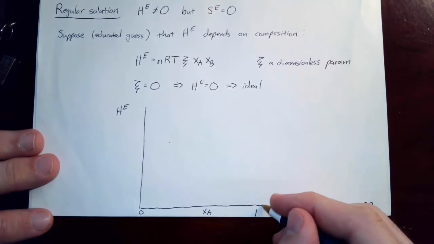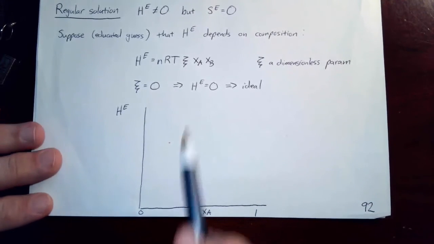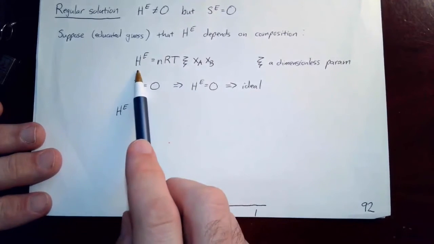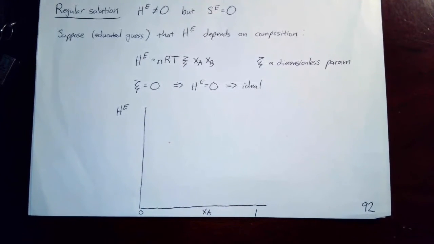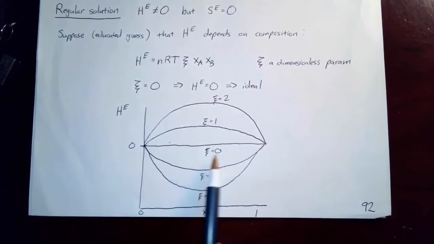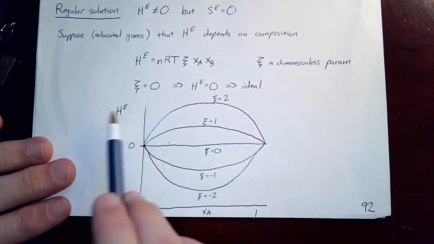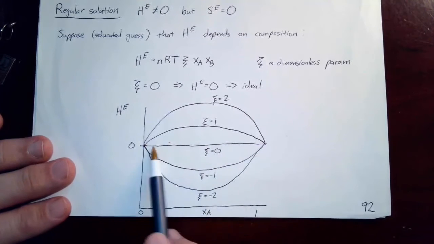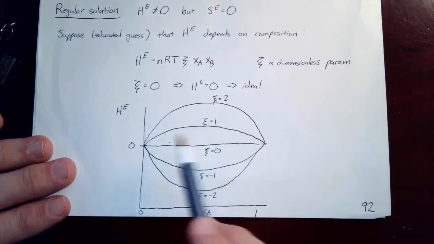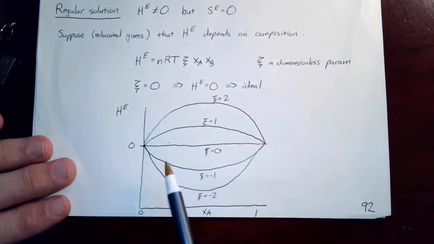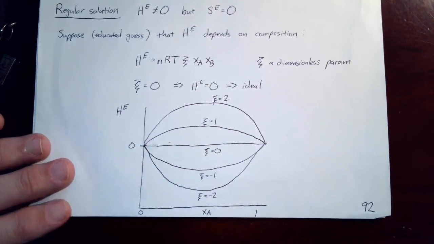Okay, so now I'm going to make a plot of this model for H^E versus X_A for different values of the parameter C. When C is 0, we get that the excess enthalpy is 0, as expected for an ideal solution. As C increases, we get these parabolas that are taller. If C is negative, we get these inverted versions of the parabolas.